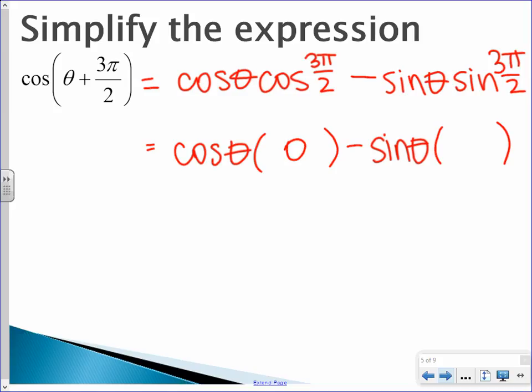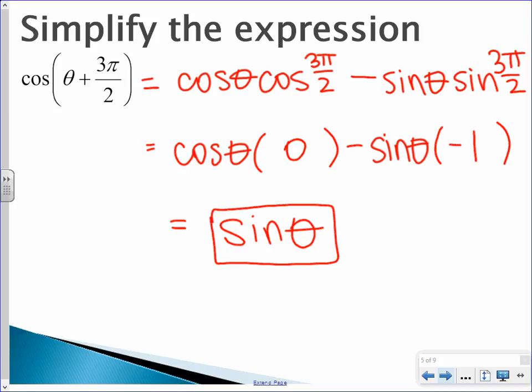Think about the unit circle. Where's 3 pi over 2? Show me on the unit circle. There we go. All right. So, cosine times 0 is 0. And then we have negative sine theta times negative 1 for a positive sine theta.